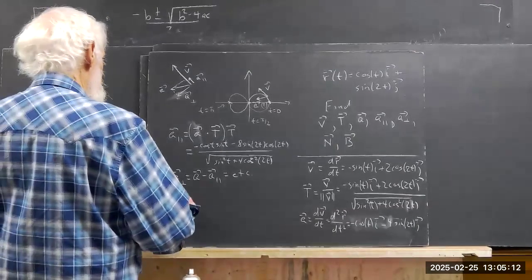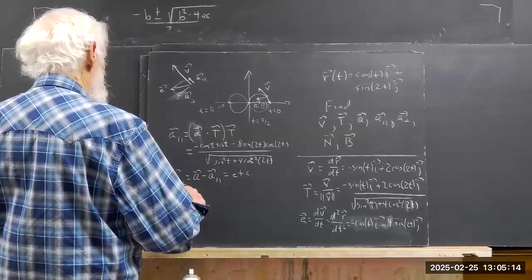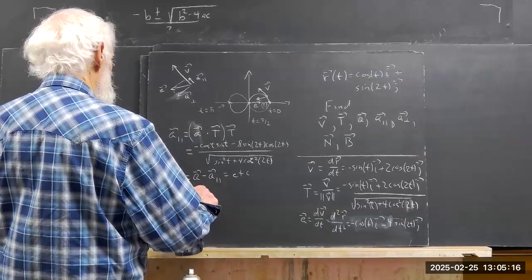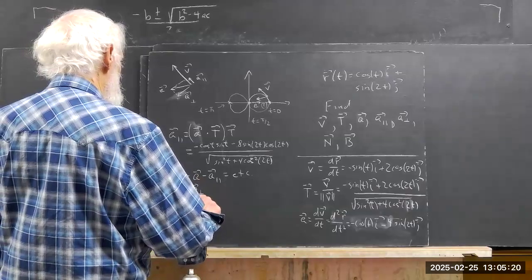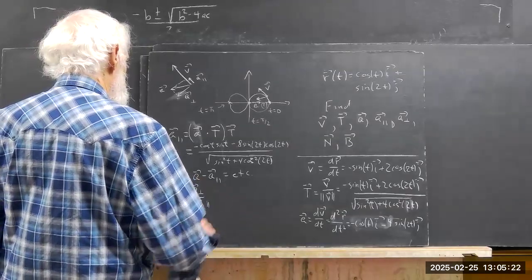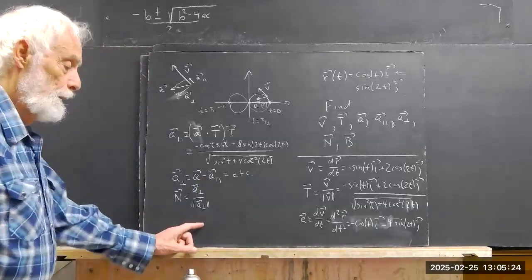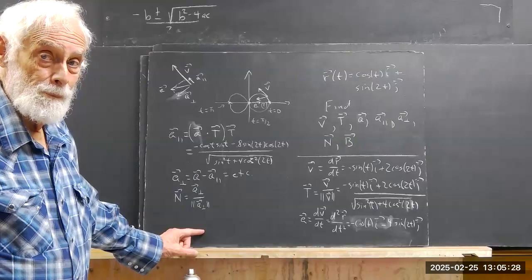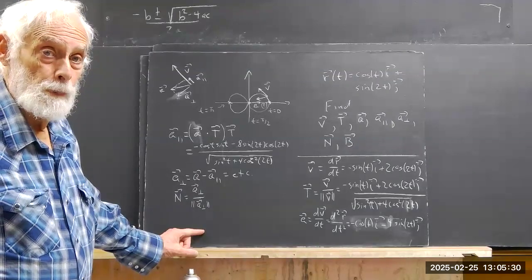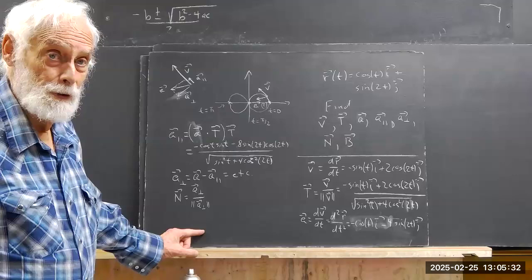So your normal vector is A perpendicular over the magnitude of A perpendicular, or a formula that I'll explain later if you want to see it.